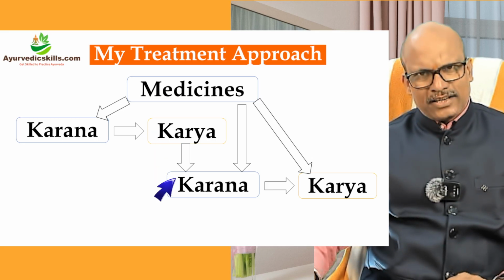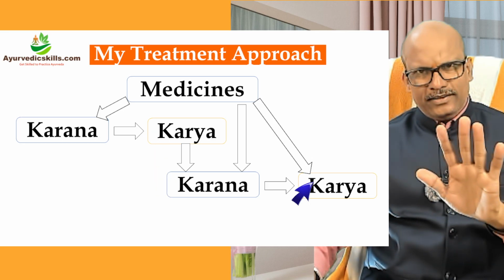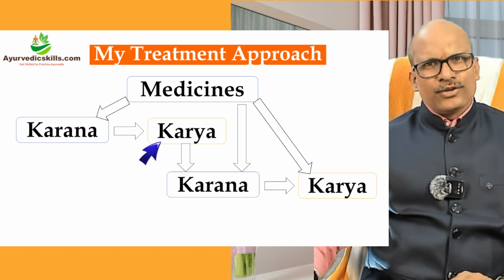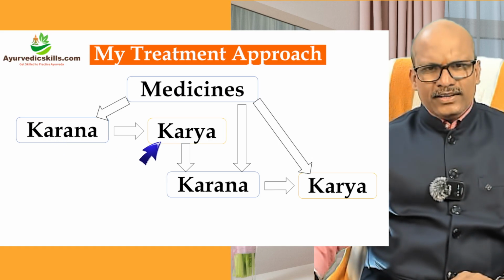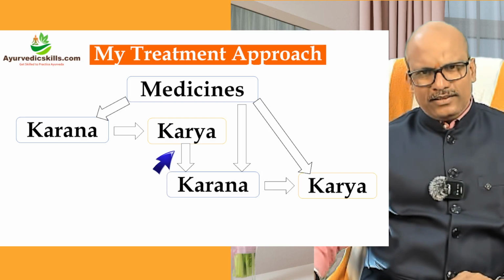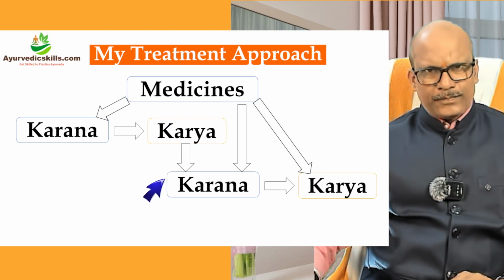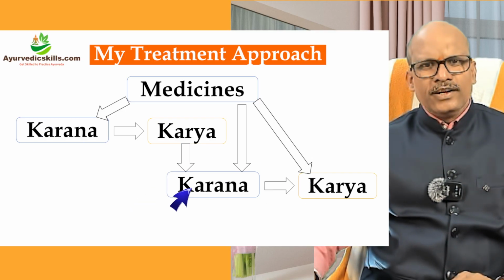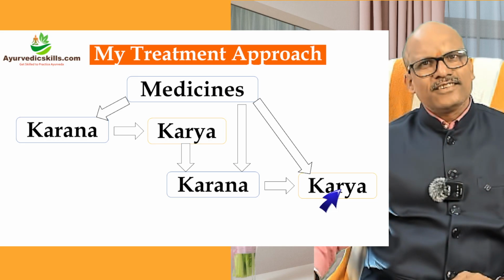That serves as a karma for another disease. To simplify, Dushivisha leads to immunotoxicity, and immunotoxicity leads to immunosuppression. Immunosuppression leads to infections. So we need to treat for Dushivisha, immunosuppression, and infection.